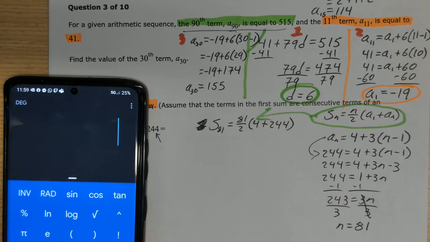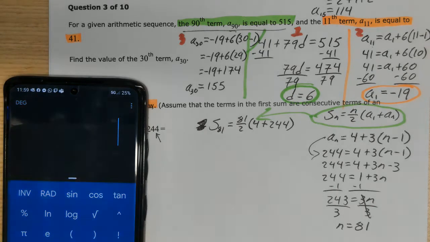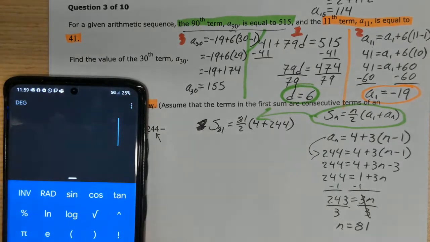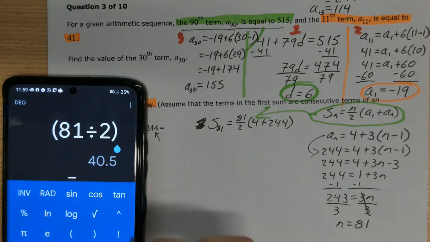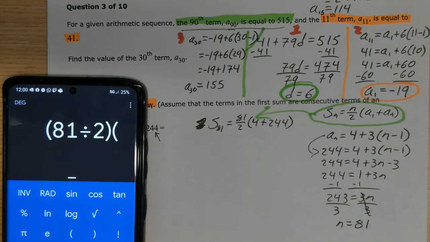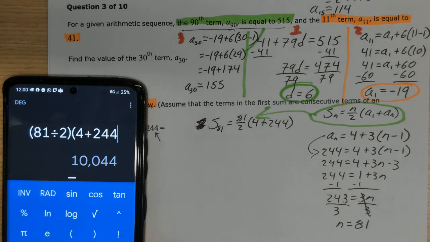So this will be 81 divided by 2. Okay, this whole thing I want to multiply by 4 plus 244, and I get 10,044.